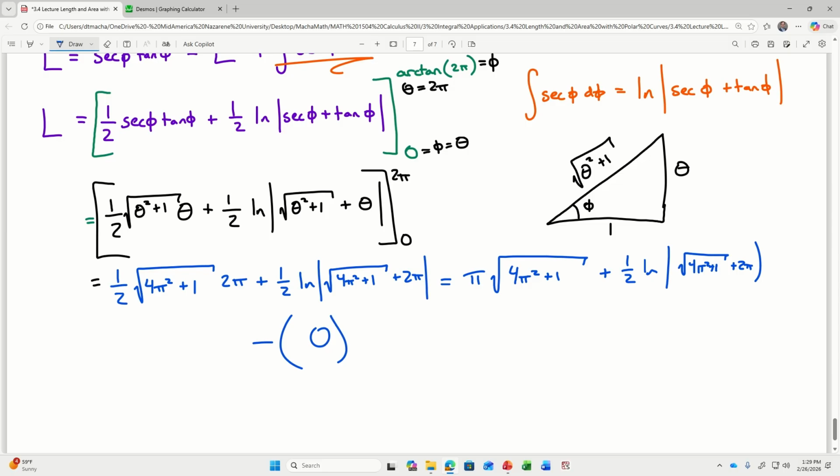Okay, to the calculator. Square root of 4 times pi squared plus 1 is 6.362. So let me do 2 times pi plus 6.362.